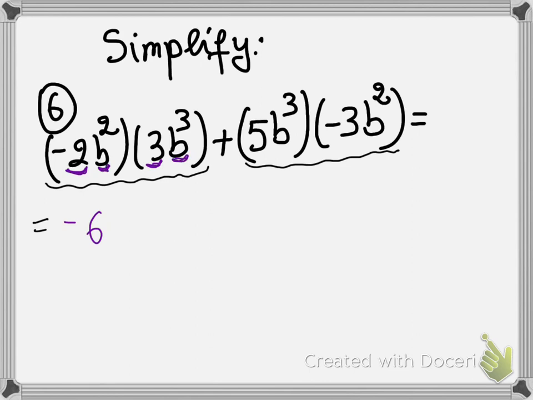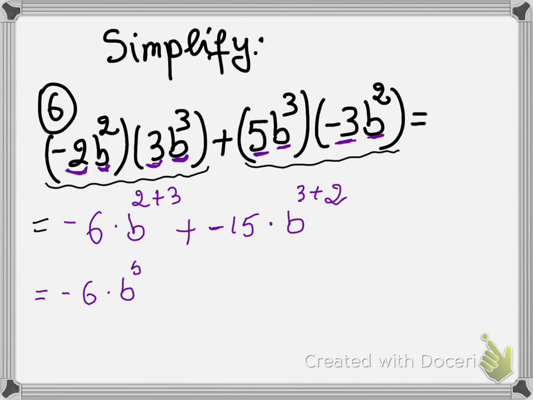And then b squared times b to the 3rd is going to be b to the 2 plus 3 plus 5 times negative 3 is negative 15 times b to the 3rd times b squared is b to the 3 plus 2 equals negative 6 times b to the 5th plus negative 15 is negative 15 times b to the 5th equals, since we have two terms with b to the 5th power, so these are like terms, so we're going to have negative 6 minus 15, negative 21 times b to the 5th.